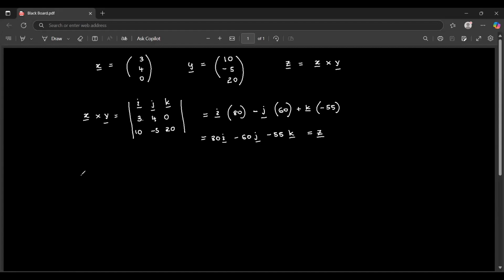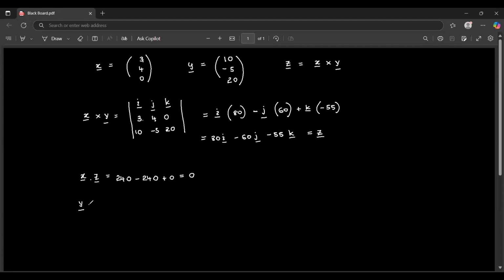If you have to check, x dot z is equal to 3 into 80, 240, 4 into minus 60, minus 240, and 0 into anything is 0. So it is equal to 0.